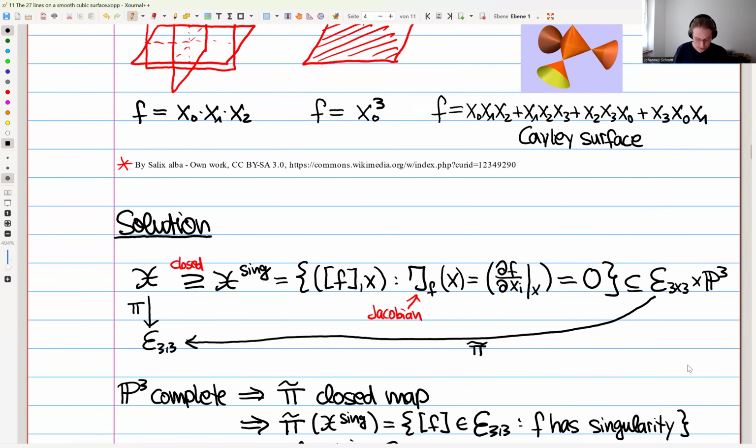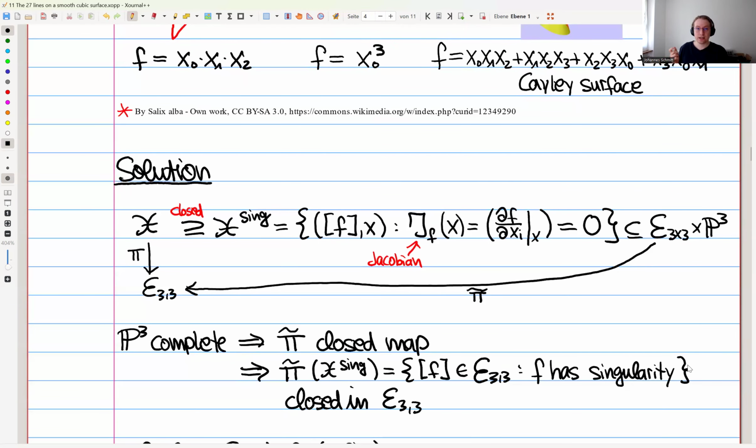Now we use the discussion that we had before, namely we have seen projective space P3 is a complete variety. This meant that this projection going from here all the way to just the first factor is a closed map. This was basically the definition of being complete. This sits as a closed subset in X, and X sits as a closed subset here.